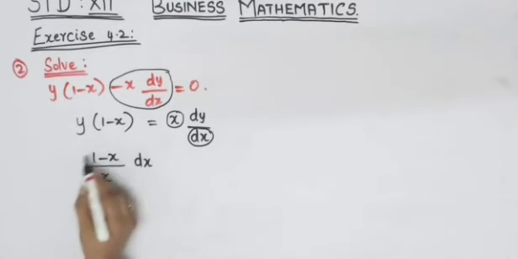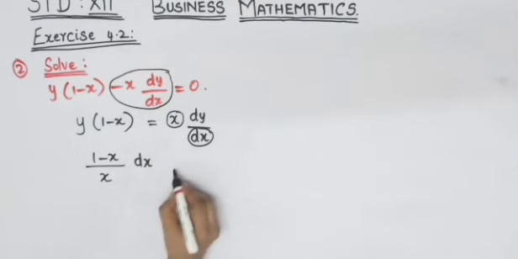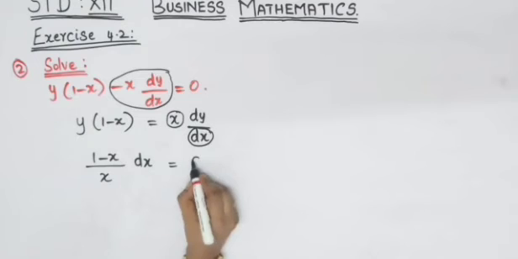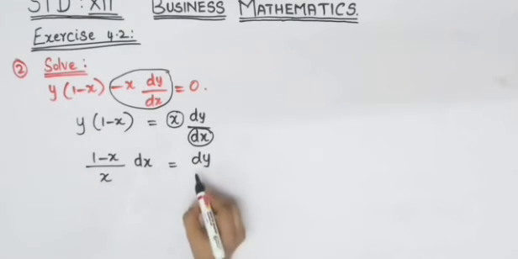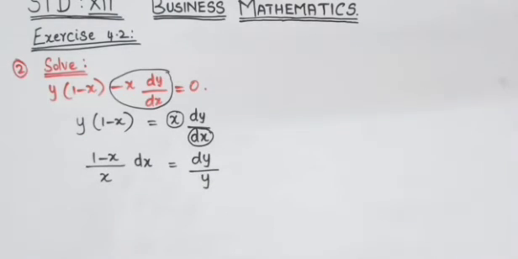Clear? Now all the x terms are together. What is left out? Only dy is here, but we have y also, so take it towards the right hand side. Multiplication becomes division, so dy/y. Now all the x terms are together and y terms are together.